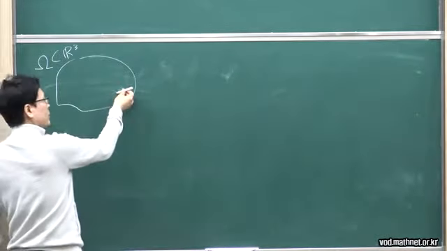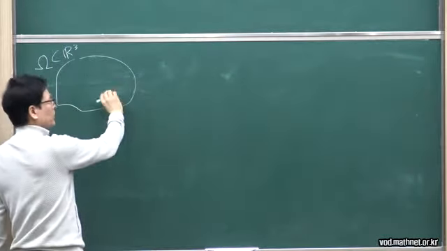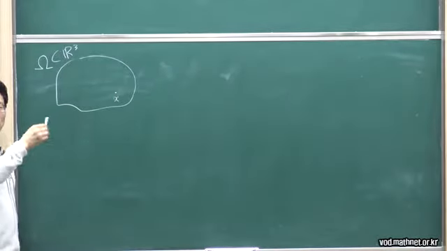I want to describe the direction of molecules. So there is a direction of molecules. How many possibilities do we have here? S2 possibilities, right?